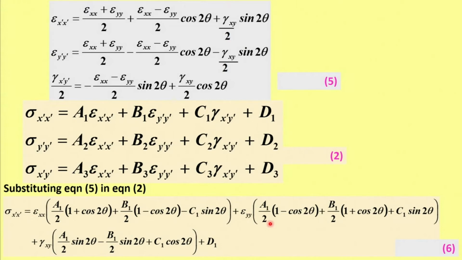When I do that and group it, I get epsilon xx into [a1 by 2 into 1 plus cos 2 theta, plus b1 by 2 into 1 minus cos 2 theta, minus c1 sin 2 theta]. Similarly, plus epsilon yy into [a1 by 2 into 1 minus cos 2 theta, plus b1 by 2 into 1 plus cos 2 theta, plus c1 sin 2 theta], and plus gamma xy [a1 by 2 sin 2 theta minus b1 by 2 sin 2 theta plus c1 cos 2 theta] plus d1. So I get equation 6.